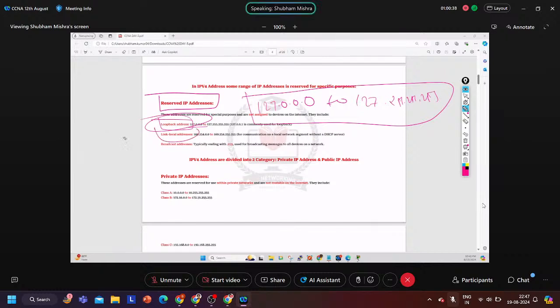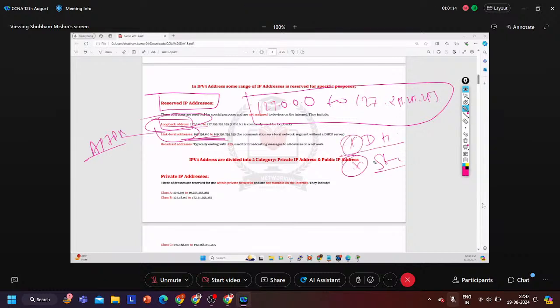Second one is, guys, the link-local address, or in some books you will find it called the APIPA address. What is the range? 169.254.0.0 to 169.254.255.255. This is also reserved. Generally you will get this IP address when, let's suppose, a Windows device is not getting an IP address from DHCP, nor statically.